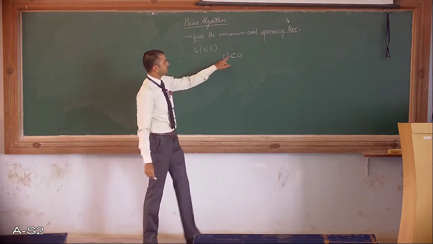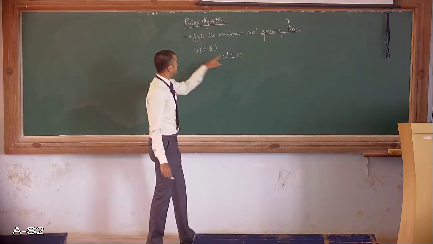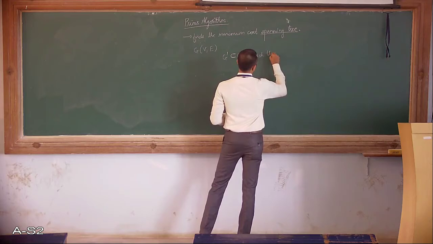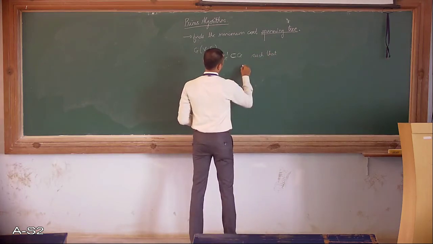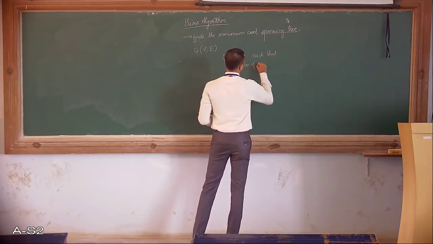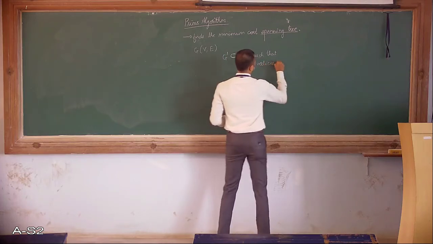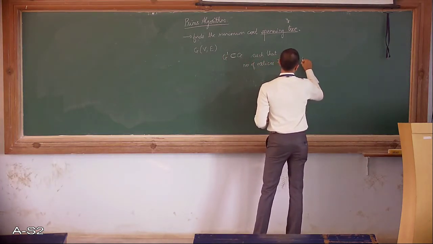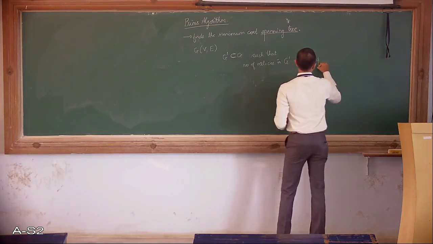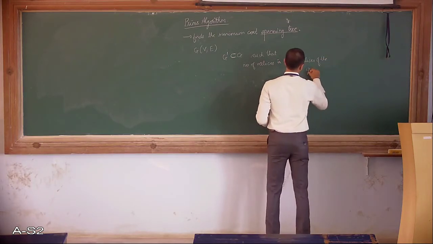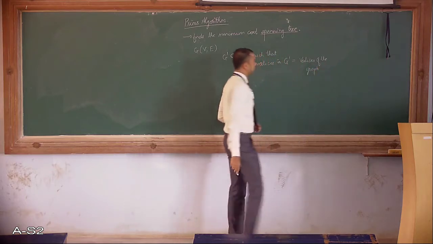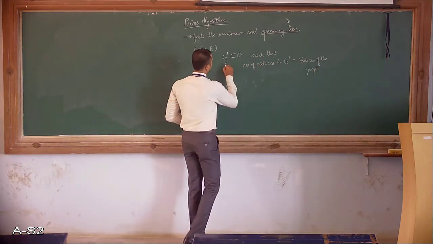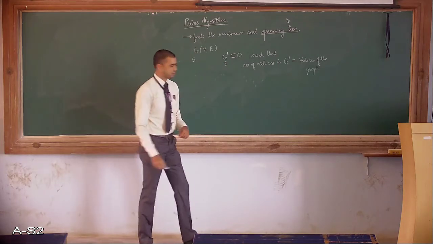G dash is a spanning tree which is a subset of this graph G, such that the number of vertices in that spanning tree is equal to the vertices of the graph. Suppose this graph has 5 vertices, then even this spanning tree should contain all the 5 vertices.